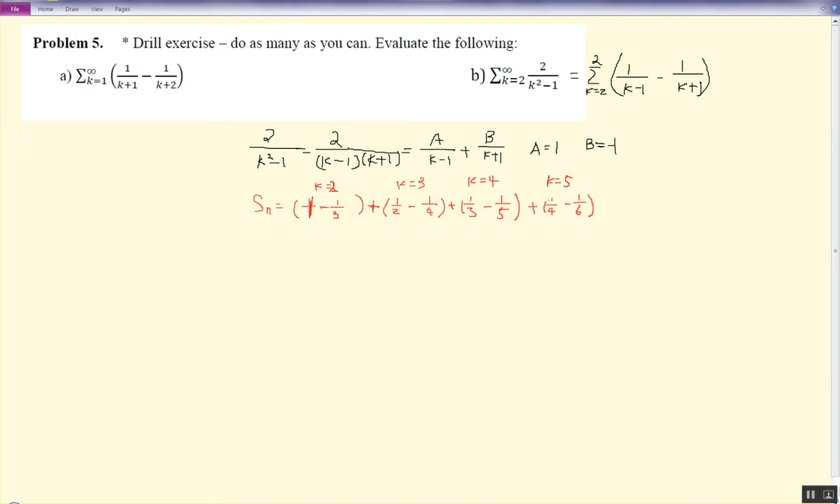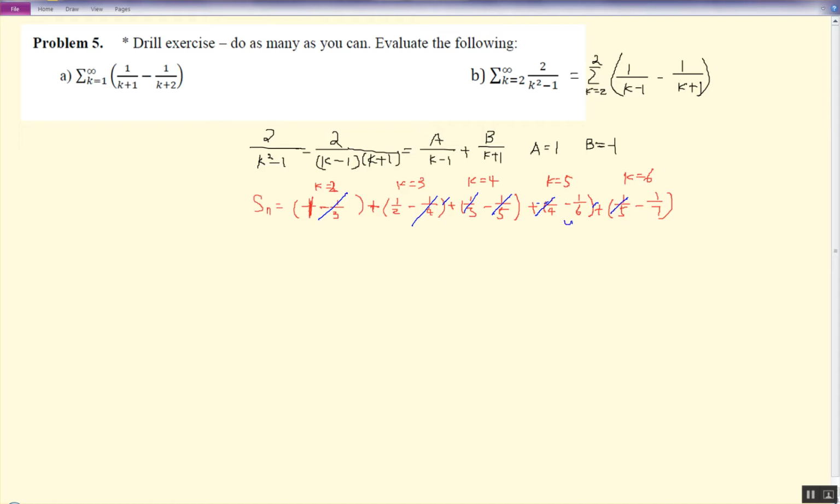So I would like you to continue. When k is 6, what do you see? This is 1/5, this is 1/7. Now let me ask you to stop for a moment and do a little observation. Which terms are cancelled? Which terms stay? You see that 1/4 is gone, and 1/5 is gone.